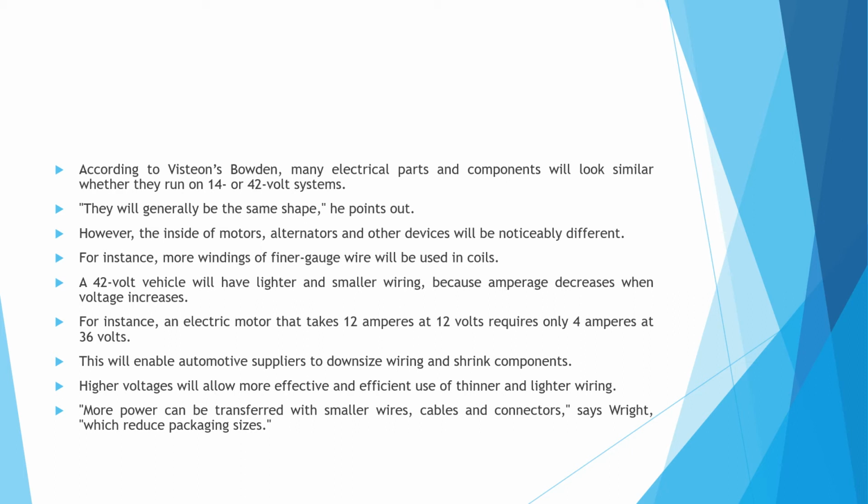A 42-volt vehicle will have lighter and smaller wiring because amperage decreases when voltage increases.